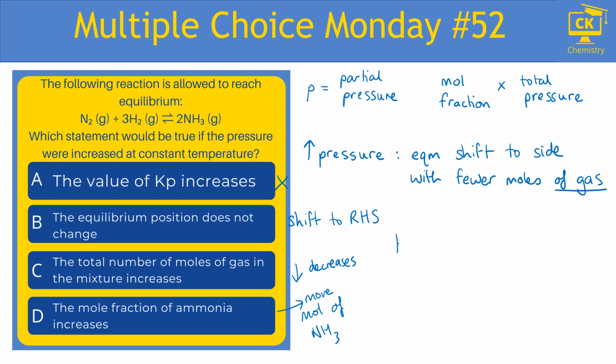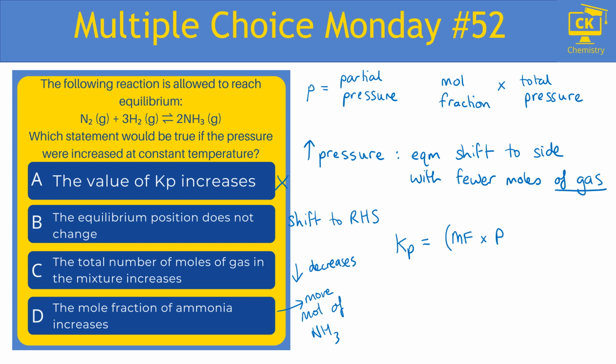So Kp is equal to the partial pressure of NH3 squared. So I'm going to say Mf is my mole fraction, and I'm going to call P my total pressure. And all of that is squared. I should probably write that that is for ammonia as well.